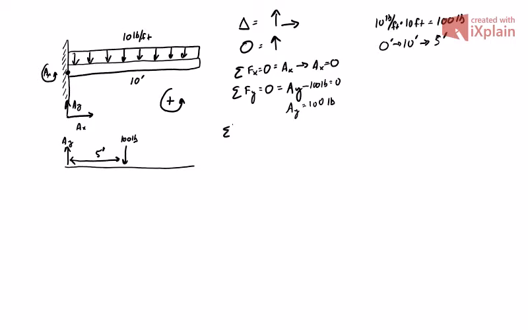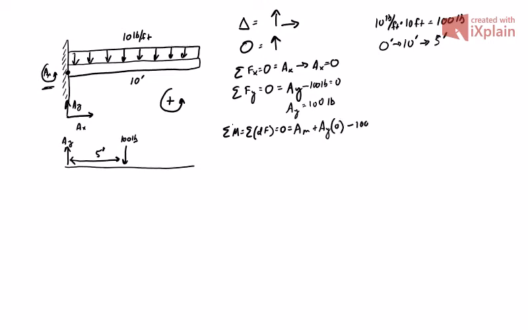And then the last one, sum of the moments is equal to 0. Things to watch out for on this one: because this A sub M that the wall is providing is already a moment, it doesn't need to be multiplied by a distance. It's just A sub M. And then we have our A sub Y, that's 0 feet away, so that is going to cancel.